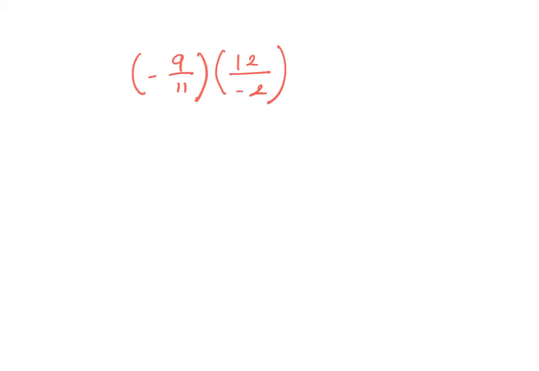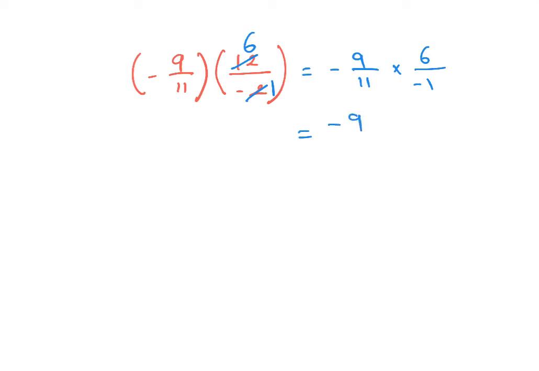All right, so another problem of multiplying fractions. We have negative 9 over 11 times 12 over negative 2. The first thing I would like to do is simplify before I multiply. Since 2 goes into 12 six times, we can reduce this: it will be 6 here, and we're going to have 1 left, right? So there's going to be negative 9 over 11 times 6 over negative 1.